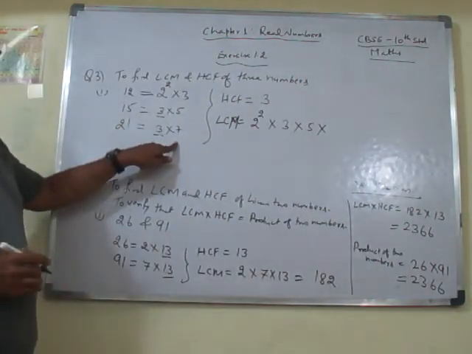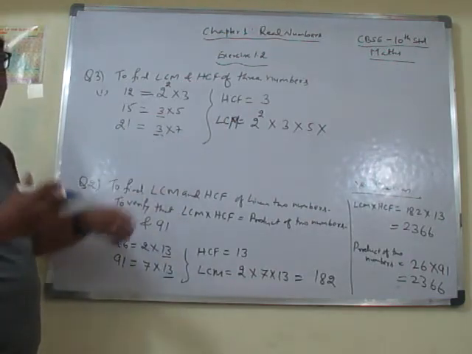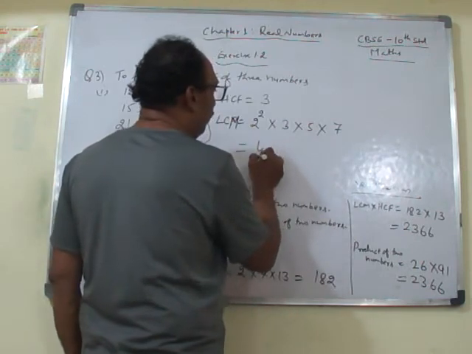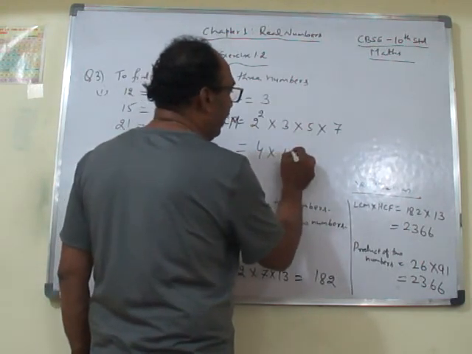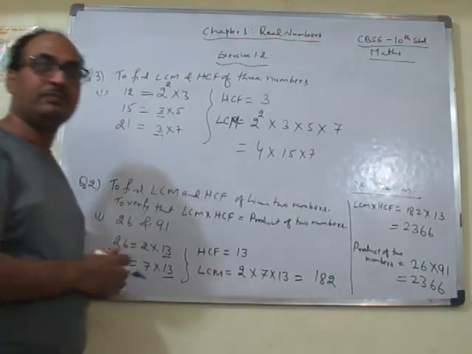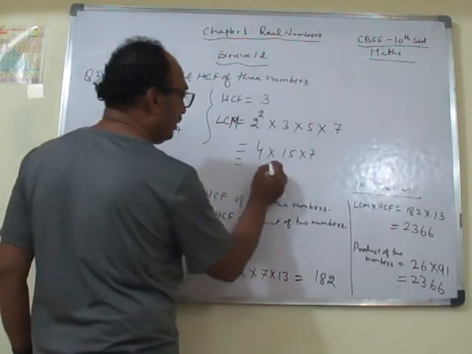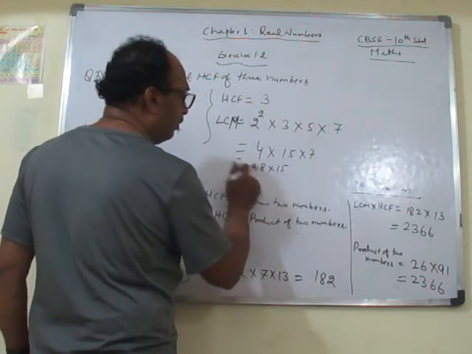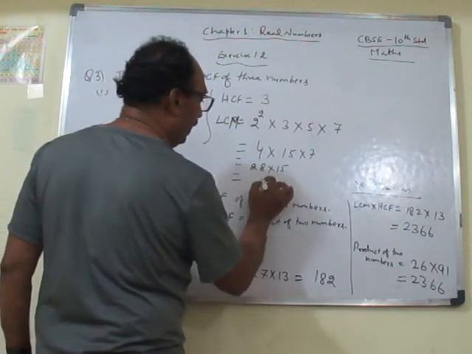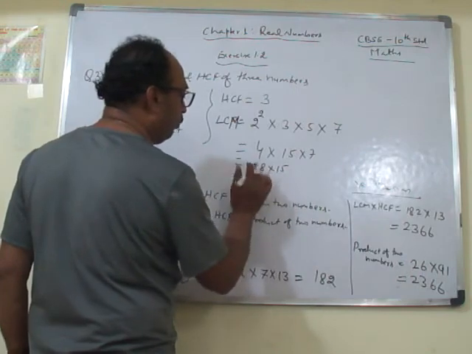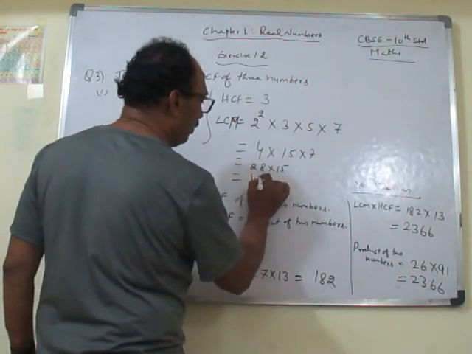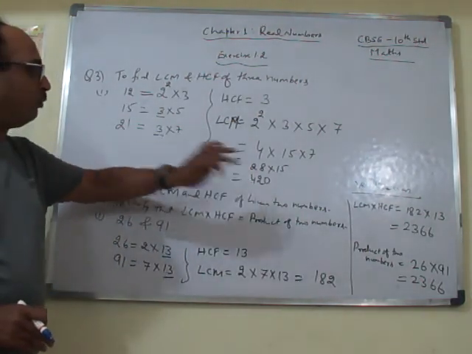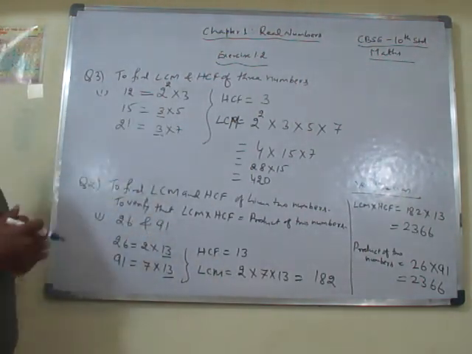Then 7, its power is also only 1. So this gives 4 into 5 into 3, 15, into 7. You can write it as 28 into 15. 15 into 8 is 120, 15 into 20 is 300, and 120 plus 300 is 420. So our LCM of these 3 numbers has become 420.